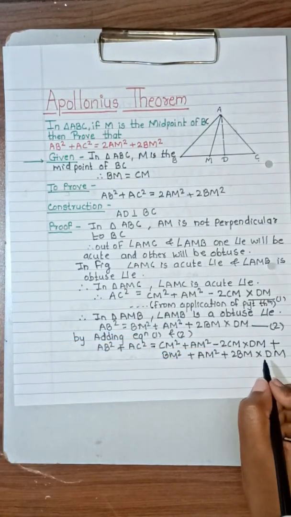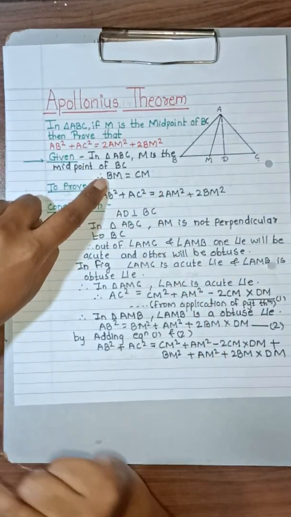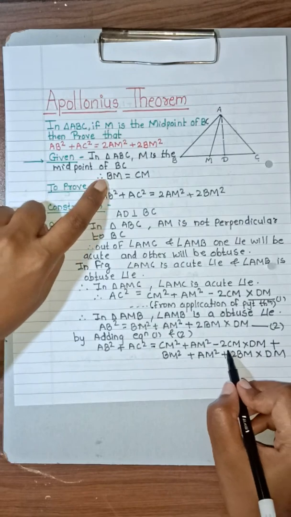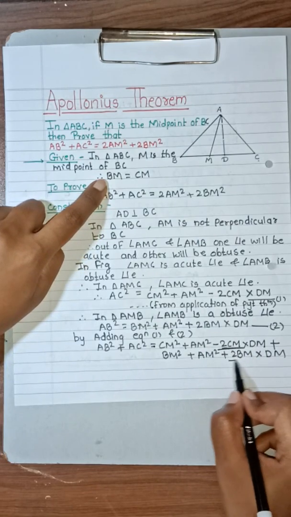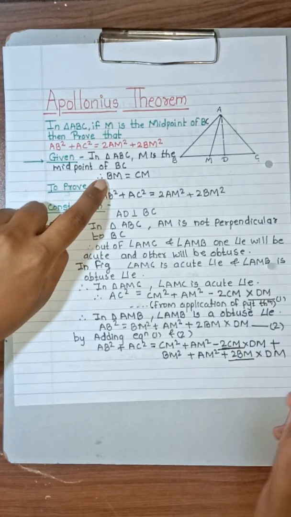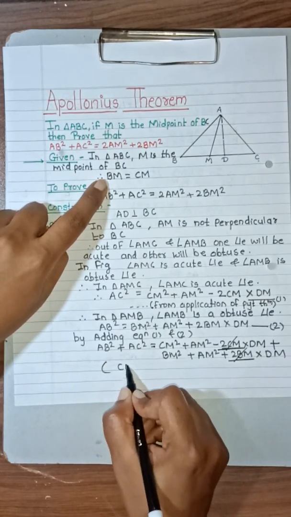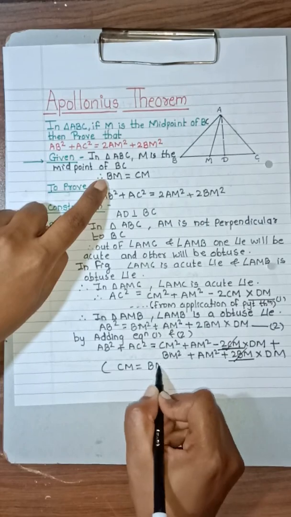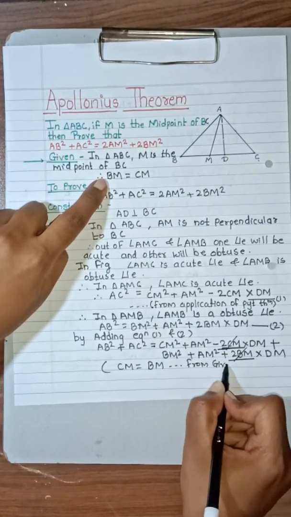Now children, in the given, BM is equal to CM. Now instead of CM, I can write BM, so this CM and this BM will get cancelled. You can write here in brackets, CM is equal to BM from given.